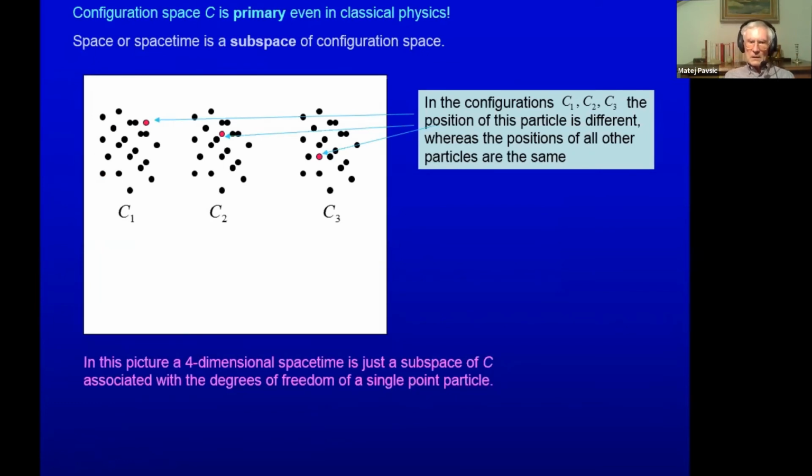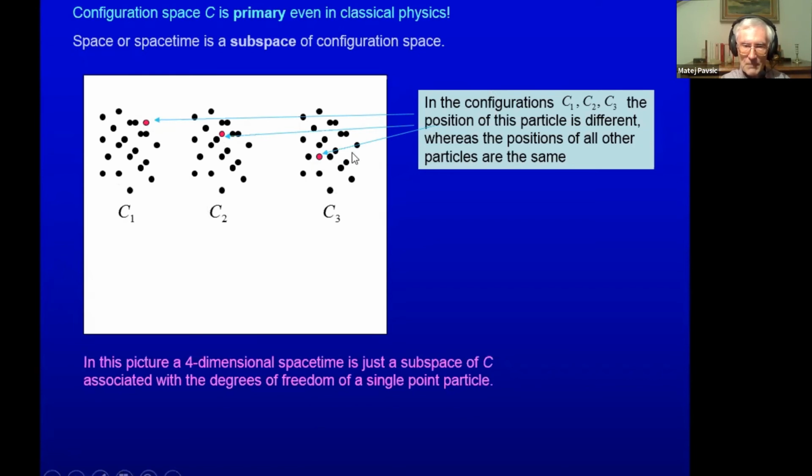We can consider configuration space C as primary even in classical physics, and consider space-time as a subspace of configuration space. Look, here we have three different configurations, C1, C2, and C3, which differ only in the position of a single particle, this red dot here.